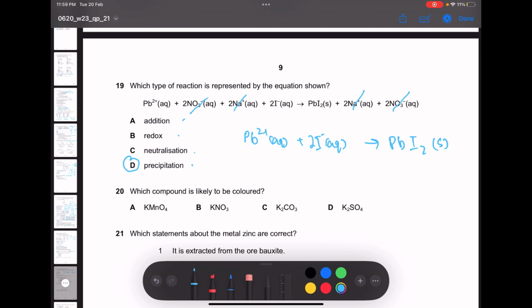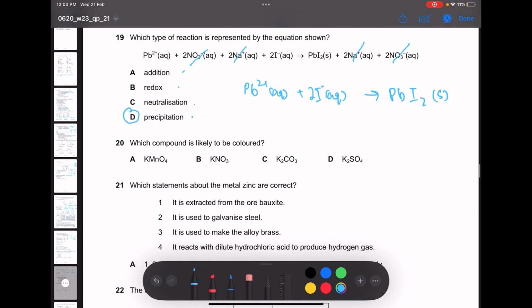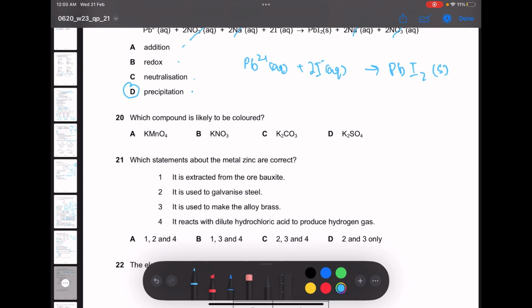So this ionic equation is for precipitation. 20. Which compound is likely to be colored? It's A, because usually only transition elements are colored. In A there's a transition element, manganese. There's no transition element in B, C or D.